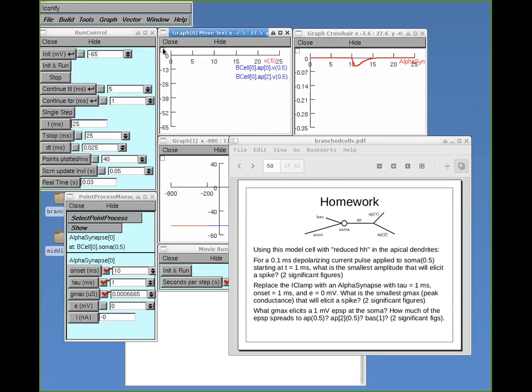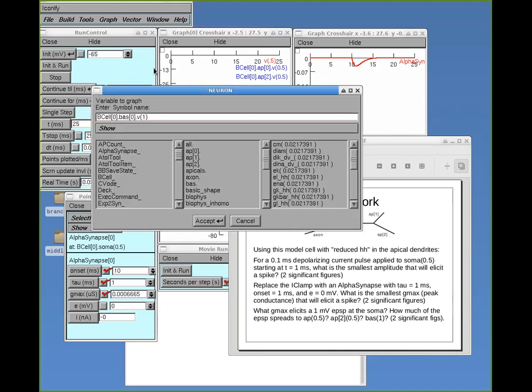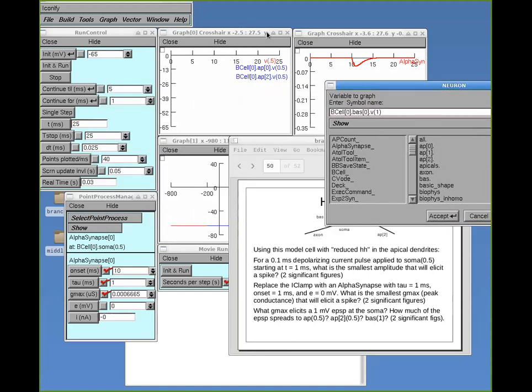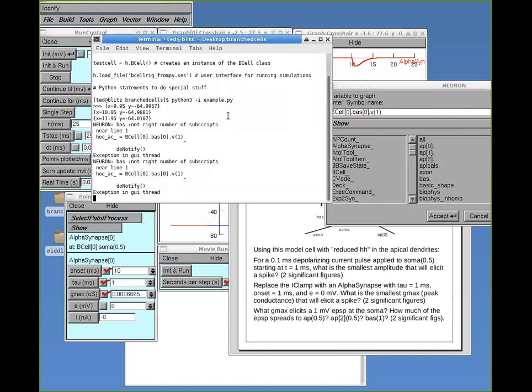I'm not getting it added. Go back to crosshair. Now try plot what? Oh, there's no base 0. And I bet you dollars to donuts that the interpreter is complaining. Oh, it has been complaining.